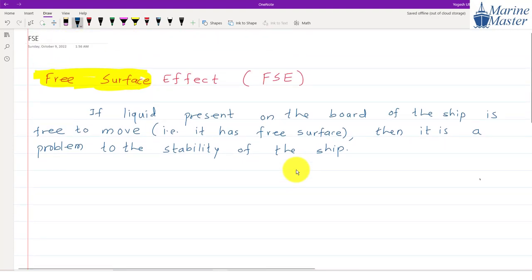This effect of free surface, this problem to the stability of the ship, leads to reduction in stability.